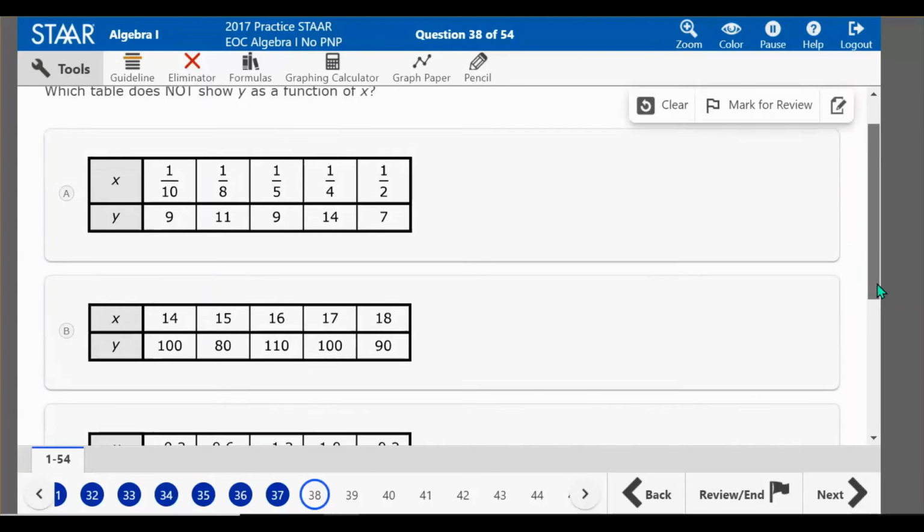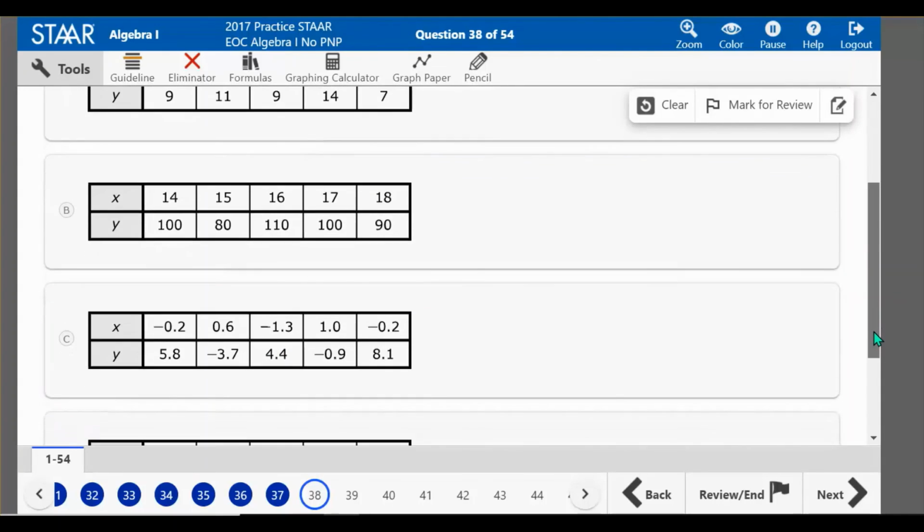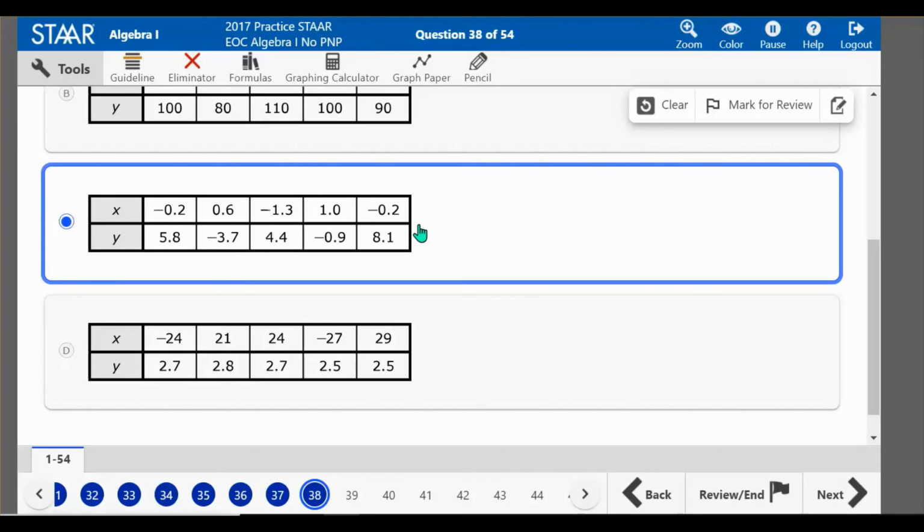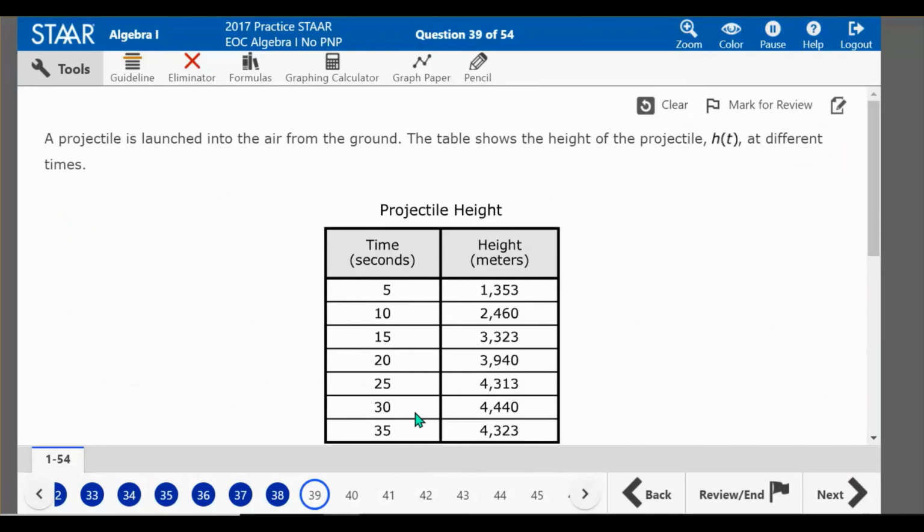If we look here, we can see that C has the x values repeating, because of -0.2. It's not a function when the x values repeat.